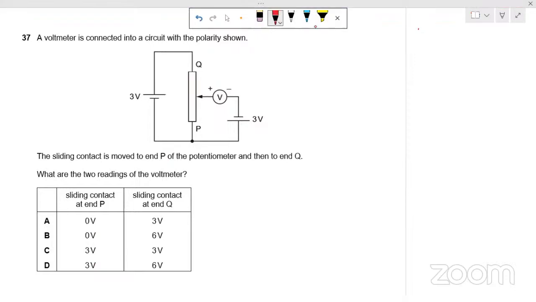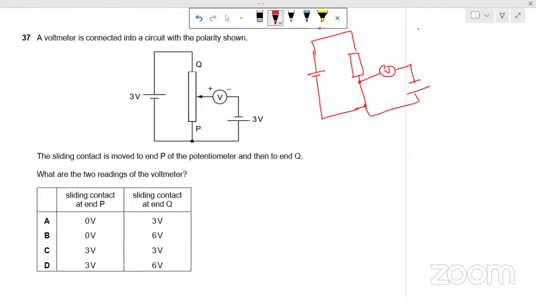So let's draw two different circuits using these two conditions. This is the resistor, that is Q, and this is P, that is the voltmeter.